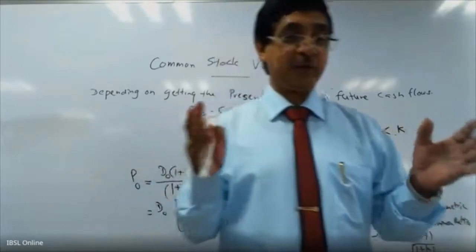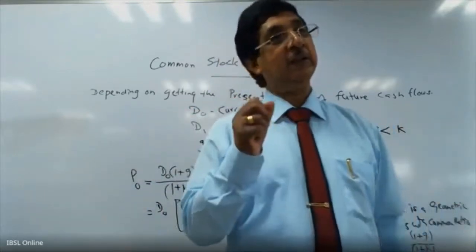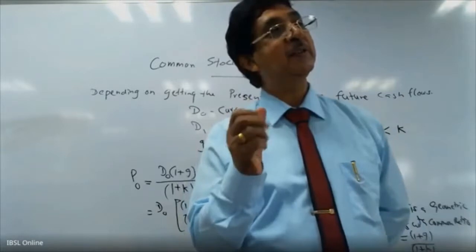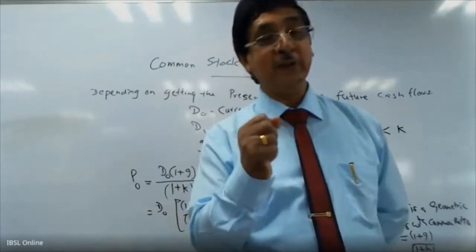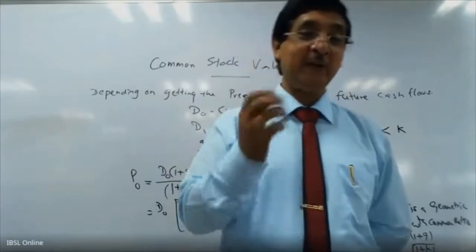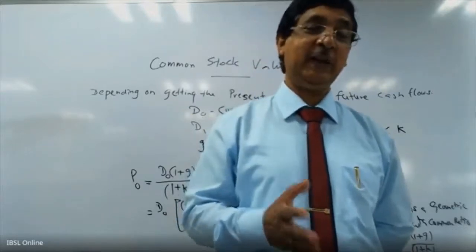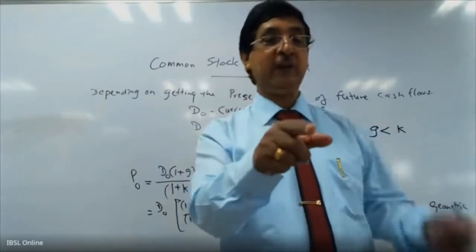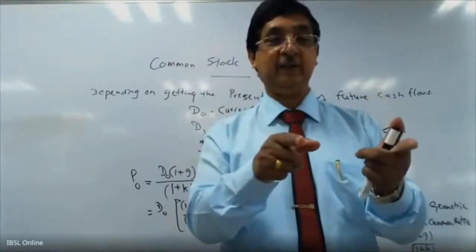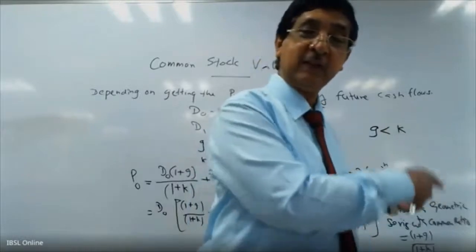Now, what I want to tell you is, if G is equal to K, meaning the company's dividend growth rate is equal to their required rate of return, that is also an infinite case. I will show you why I say that with the next equation.